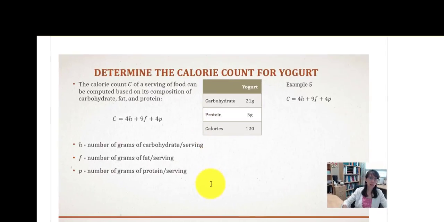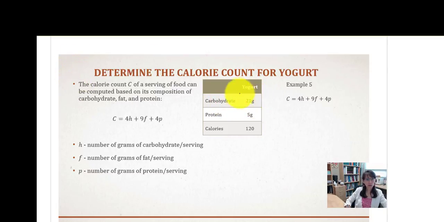And our last example today, just to show you another format, how answers or a problem might be presented to you, and that's in table format. But we're still given the value of some of the variables. We're using the same literal equation. Carbohydrates are 21 grams for yogurt.